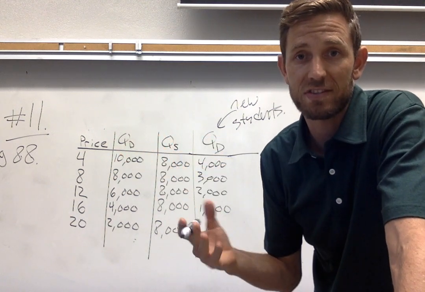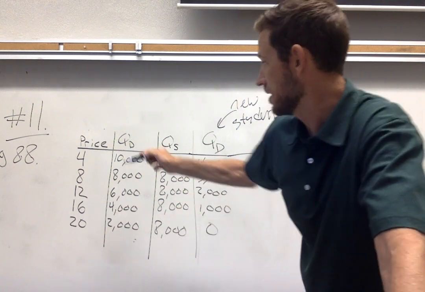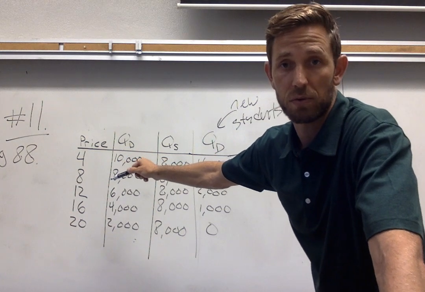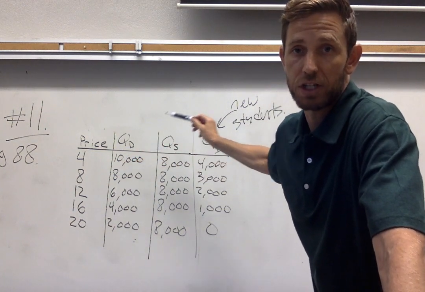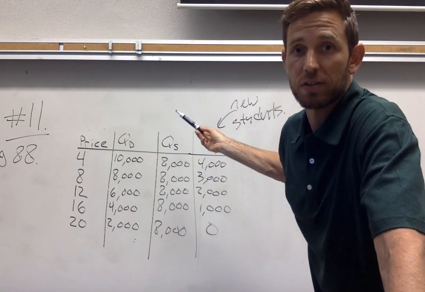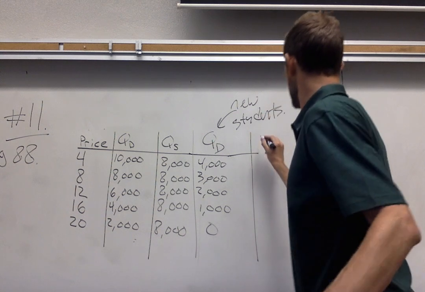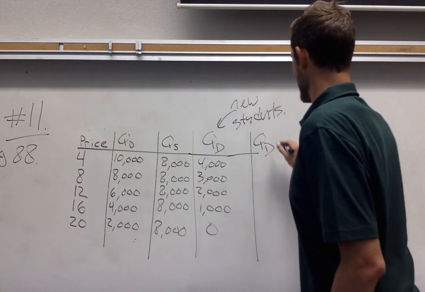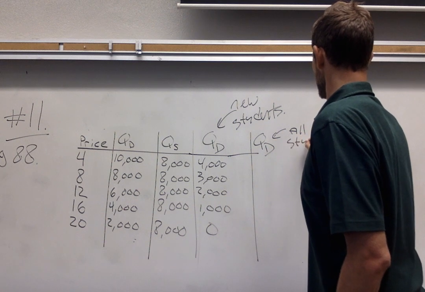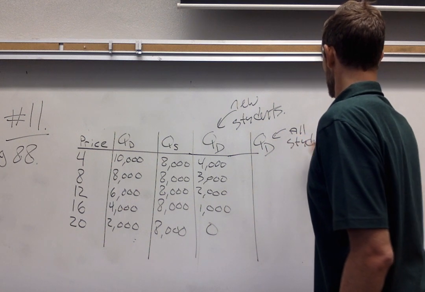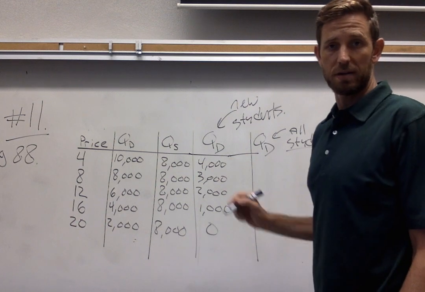The process is always the same: hold the price constant, 4, 8, 12, whatever it is, and then sum up the quantities demanded for each and every group. So let me add one more column, our quantity demanded for all students, including the old students and the new students. Once you see it done, it's a piece of cake.